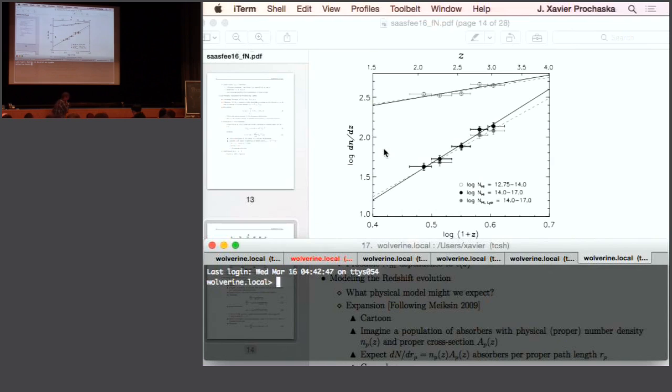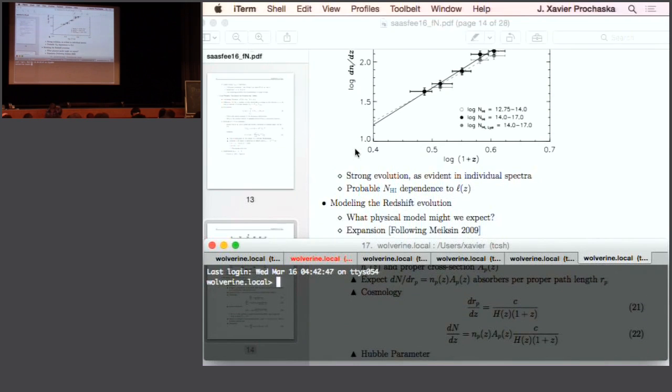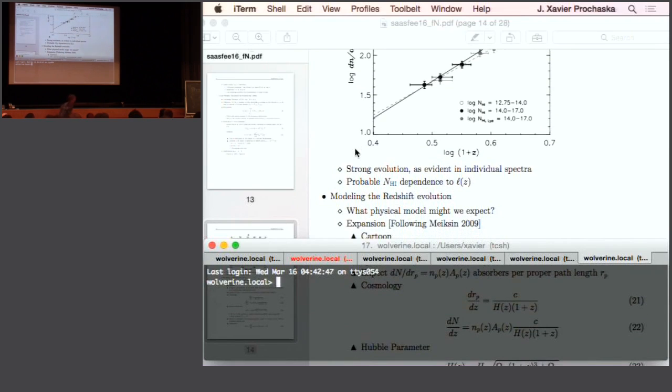Here we also have a physical motivation for modeling the evolution and the number density, the incidence of absorption, this l of z or dndz. Consider a volume, a patch in the universe, with, call them clouds, call them systems, call them what you will, structures that are giving rise to the absorption. So absorption, just call them lines if you will.